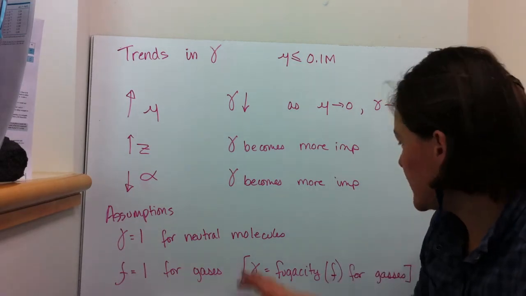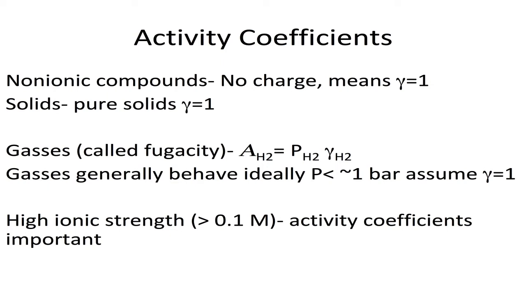It's called fugacity. Activity coefficients are assigned by convention. Non-ionic compounds that have no charge have an activity coefficient equal to 1. So the activity in solution is actually equivalent to the concentration. For solids, the activity coefficient will also be defined as 1.